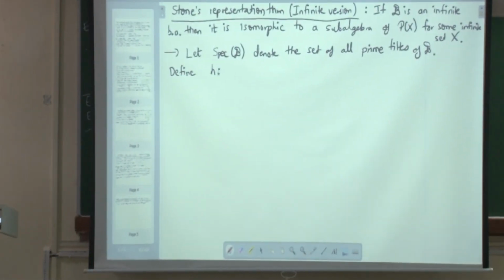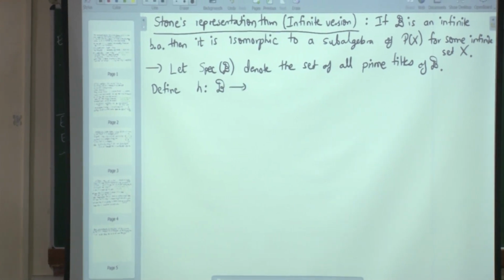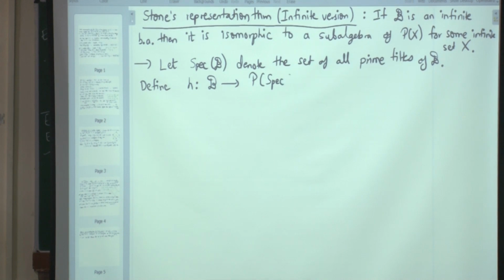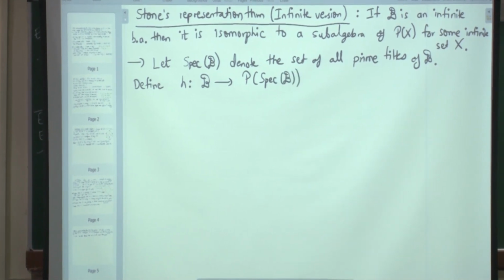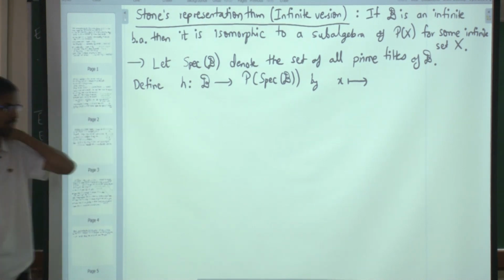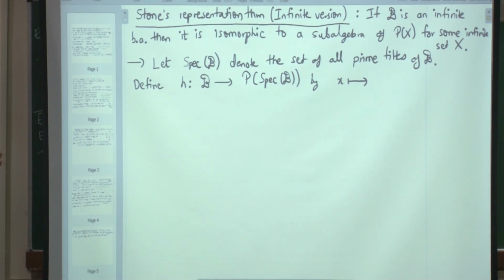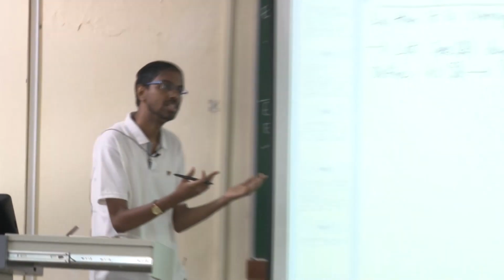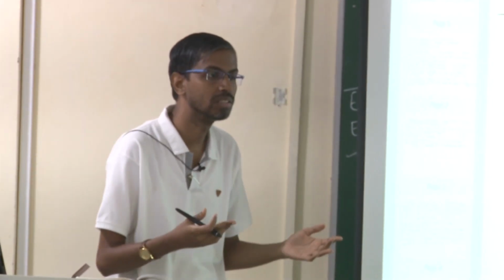Define H from B to the power set of spec B. X is a single element of my Boolean algebra. I need to send it to some set of prime filters.